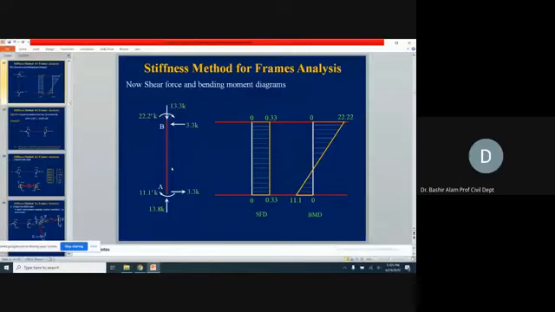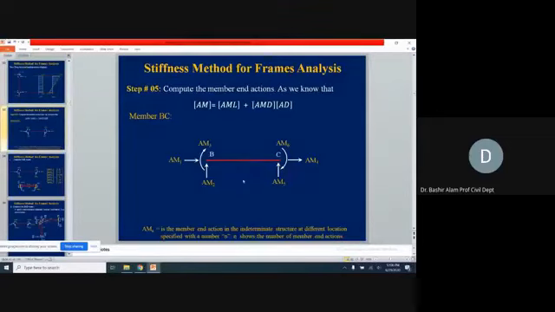The same procedure we will now repeat for member BC. So for member BC, again look, the axial I'm taking as AM1, this is AM2 followed by the moment AM3. The numbering is arbitrary, whatever you want, you just fix its labels.